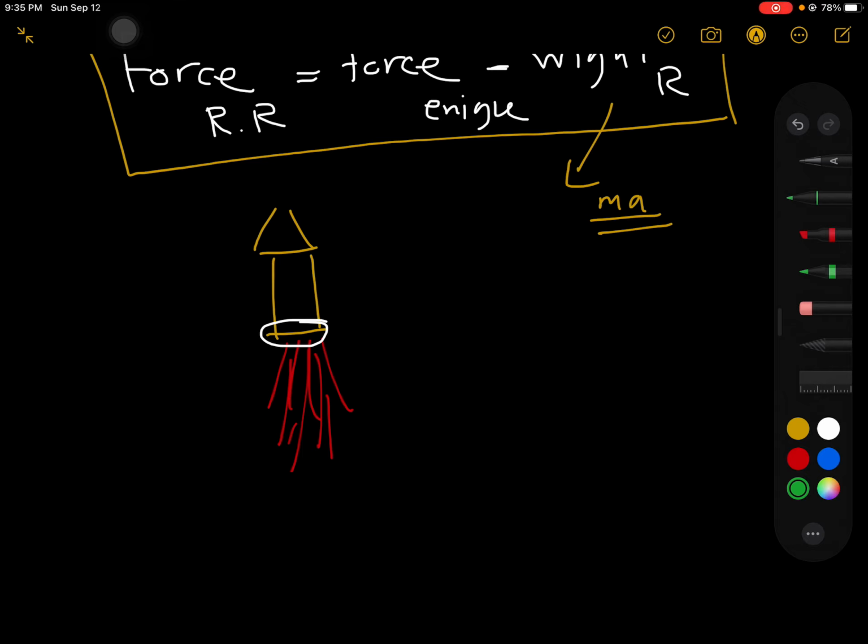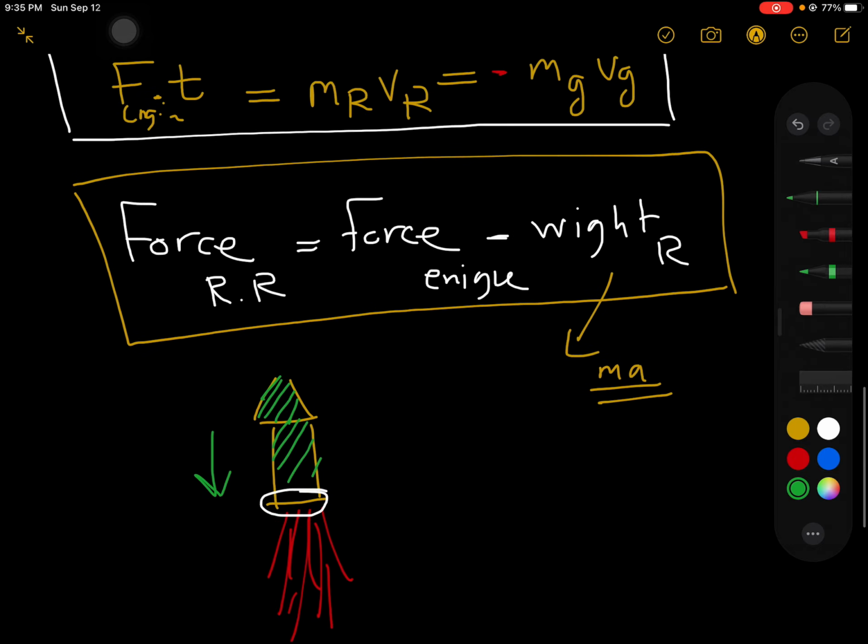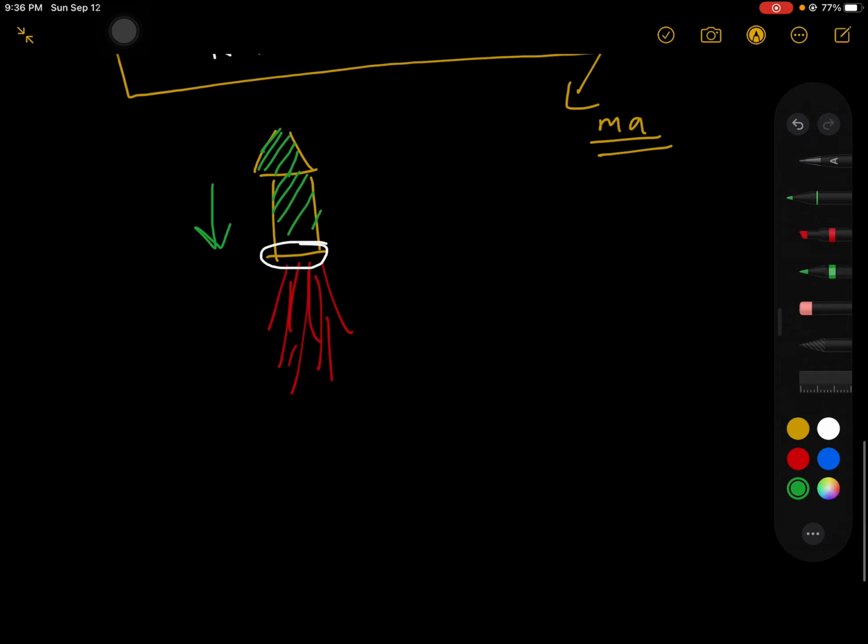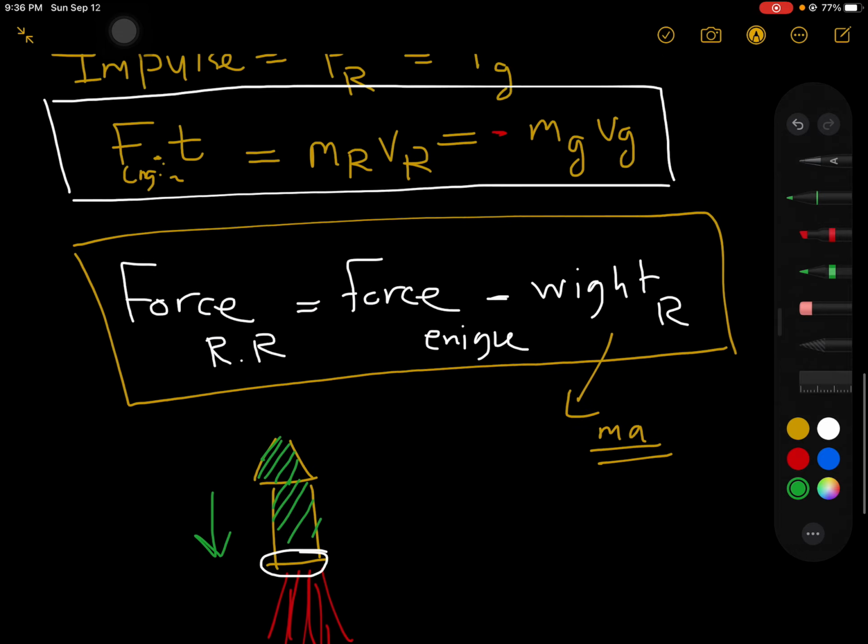But because there is a weight of this rocket acting in this direction, this weight will reduce the force of the engine by the value of the weight of the rocket. So sometimes we need this relation to find the force of raising the rocket.